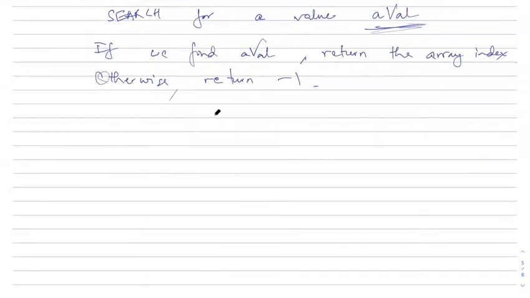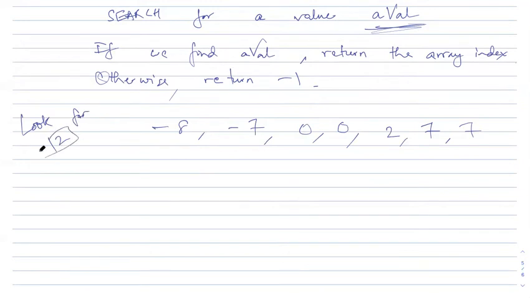Okay, so if I take an example, let's say -8, -7, 0, 0, 2, 7, 7. Suppose this is the sorted sequence, and you're looking for 2 in this. What is the basic approach that you can take?